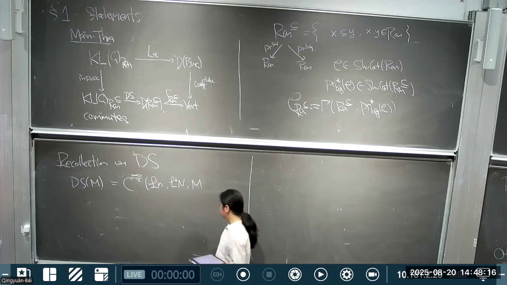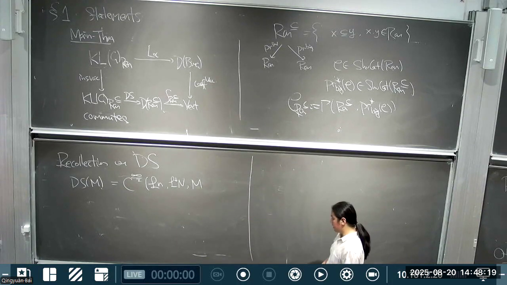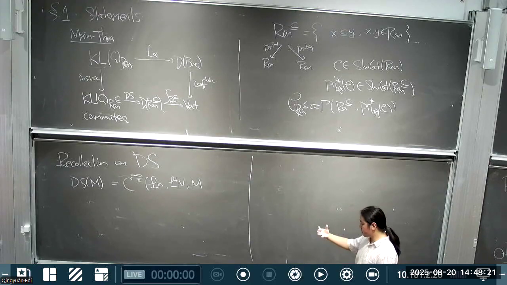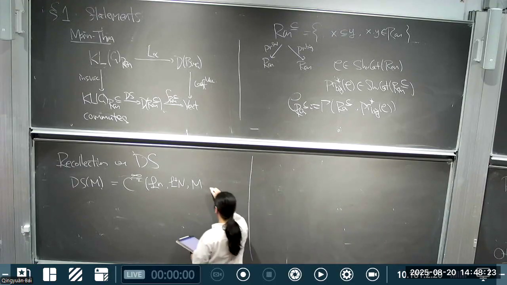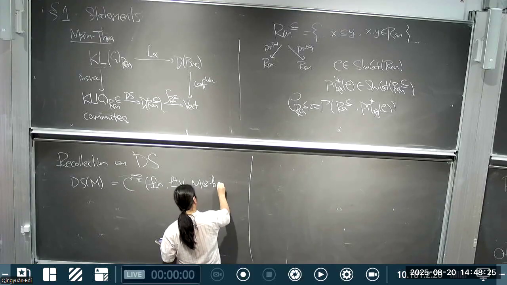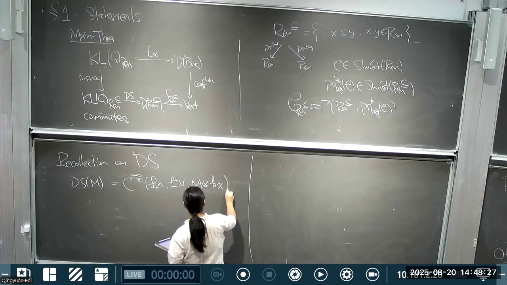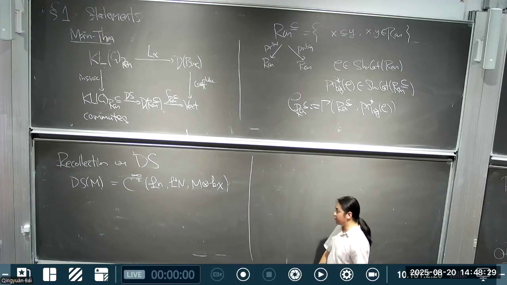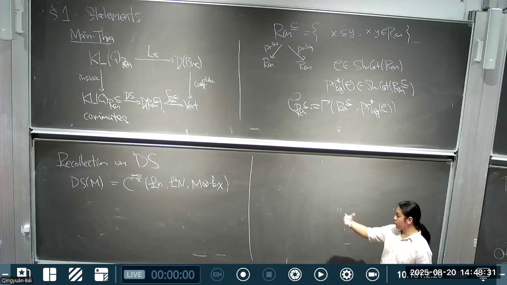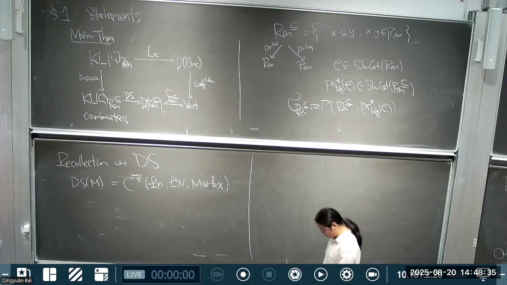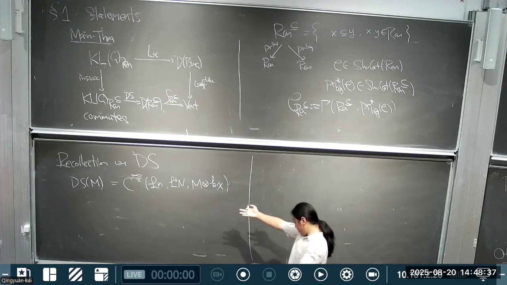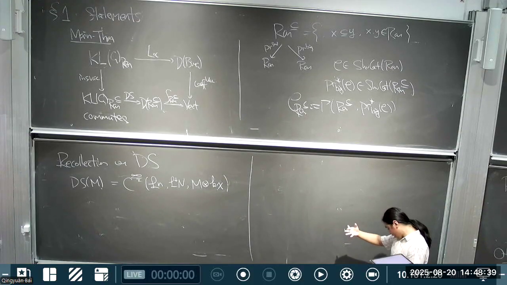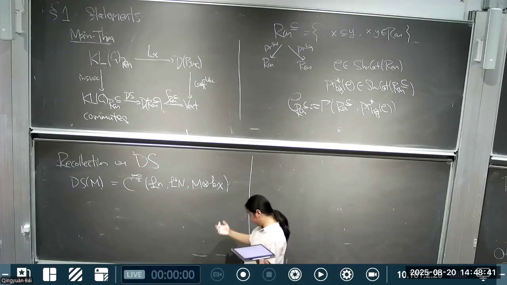For this N, you need to make a twist. This twist is because you are doing Whittaker. So we twist it by this character. Here, this is a one-dimensional representation of Ln. Therefore, you can tensor it with N to produce another representation. Raskin says that this is a hybrid of cohomology and homology.